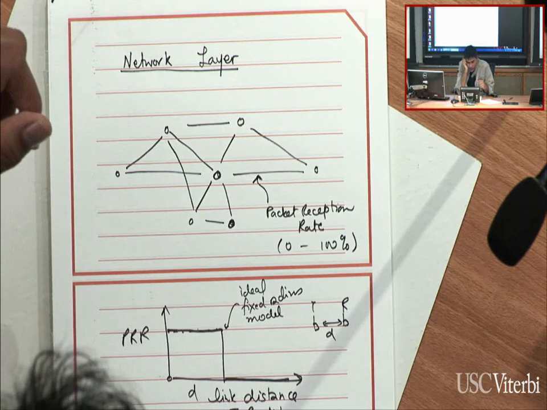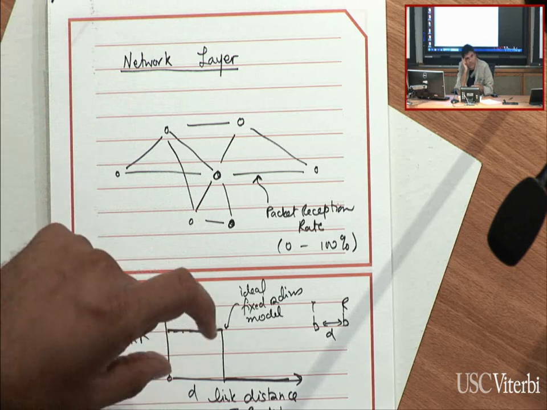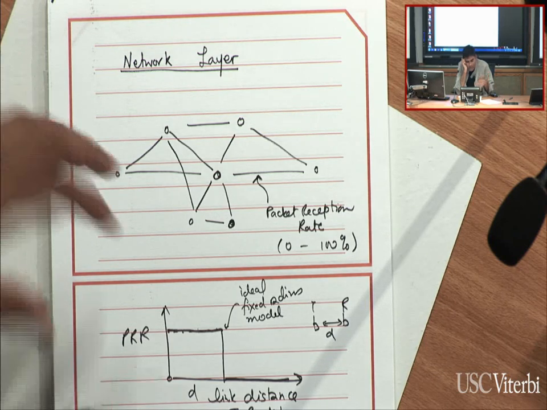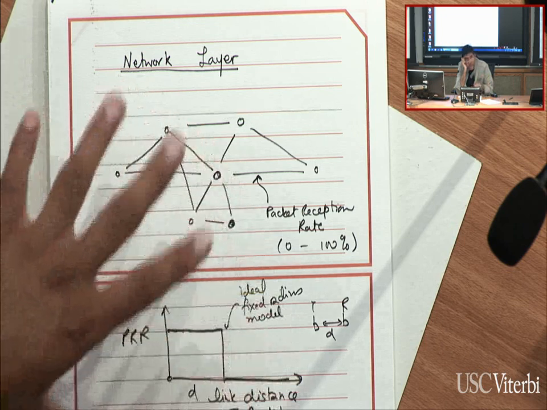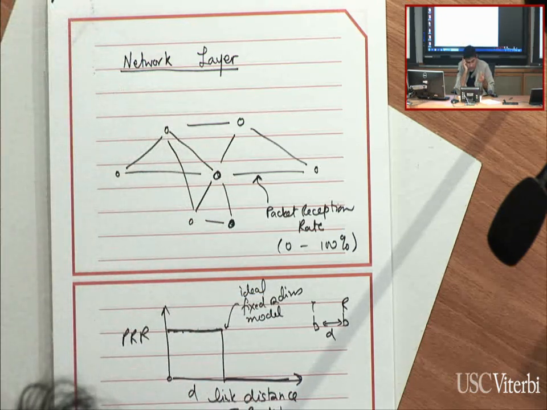Or if you want to use a Markov chain, then each link is associated with a two-state Markov chain where the link quality transitions based on the probability of going from 0 to 1 or 1 to 0. Those probabilities capture the coherence time of each link. In environments with a lot of mobility and dynamics, the link values, whether good or bad, change more frequently than in a system in a remote area.